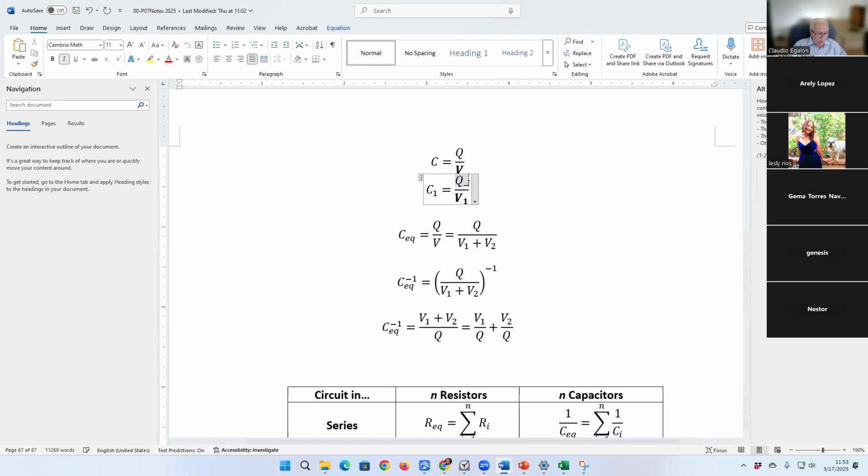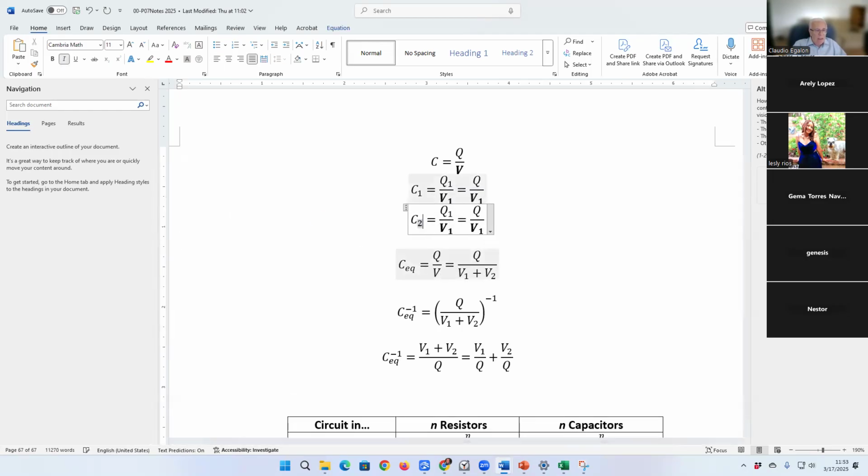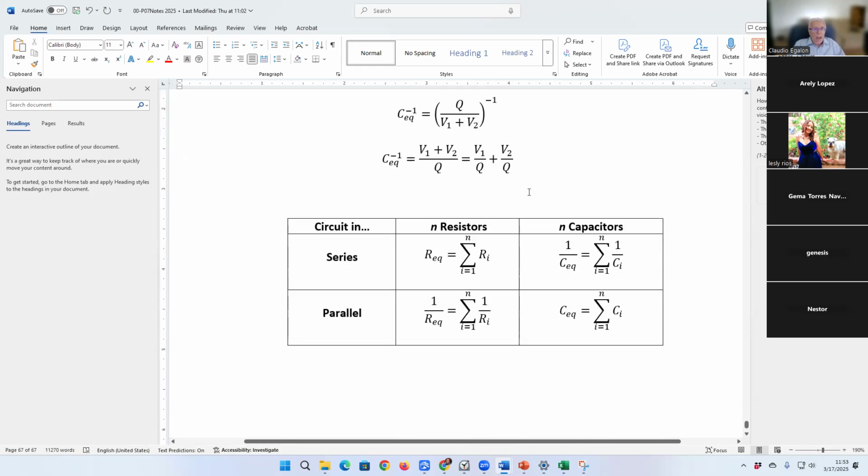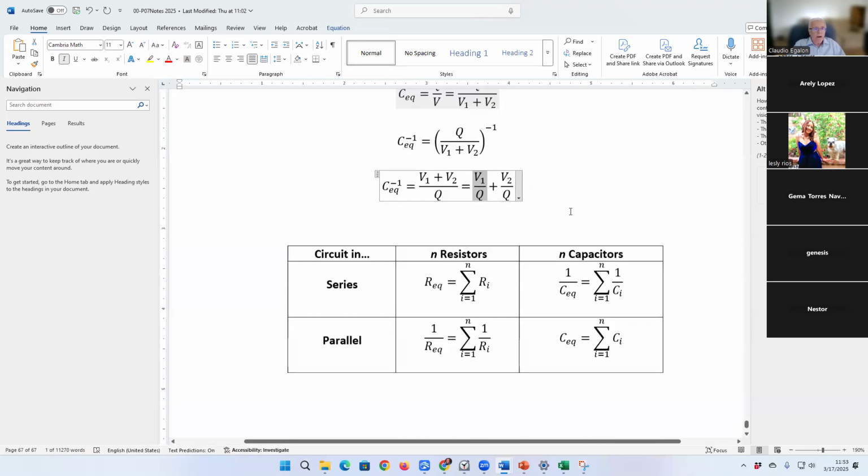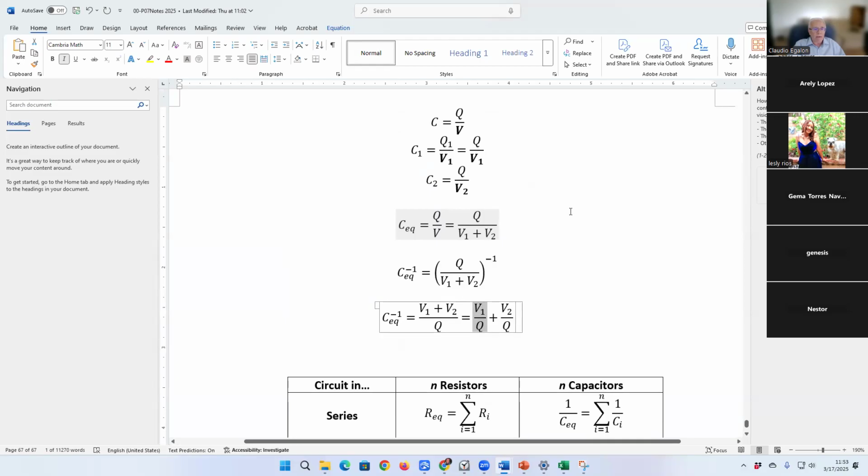Strictly speaking, you should be writing Q1 here, but because we are dealing with two capacitors in series, Q1 is going to be equal to Q. And the same thing can be said about C2: C2 equal to Q over V2. And now we are going to use those two relations right in here.